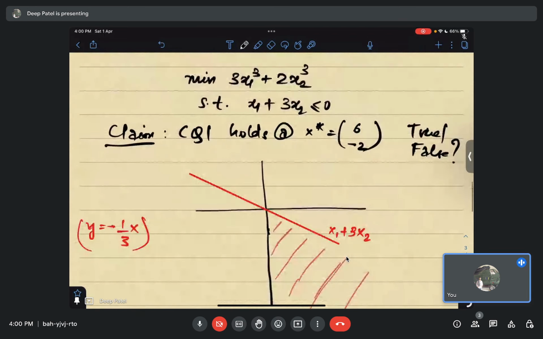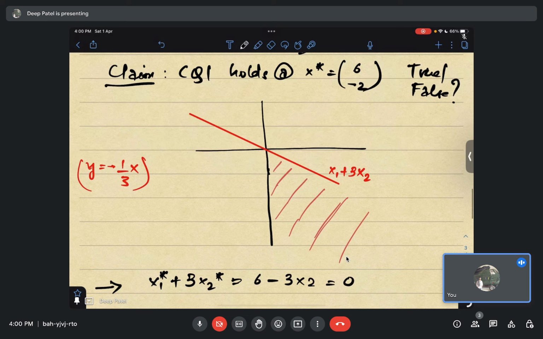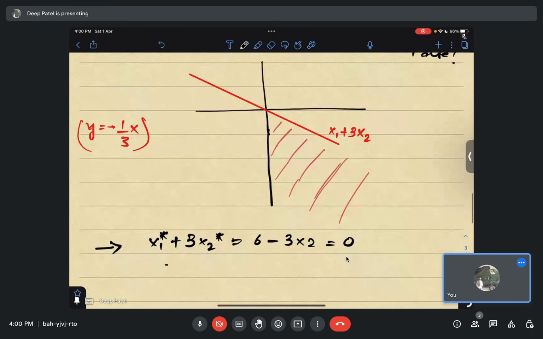Right now we have x1* plus 3x2*. It's nothing but 6 minus 3 into 2, which is 0, so that means the constraint is active.